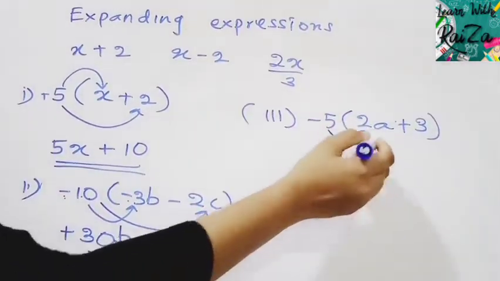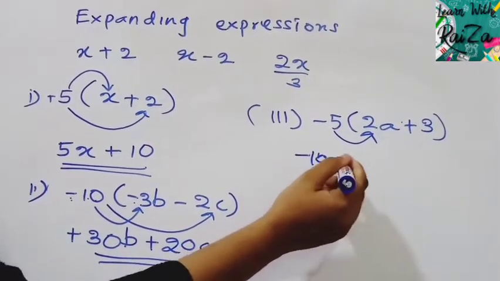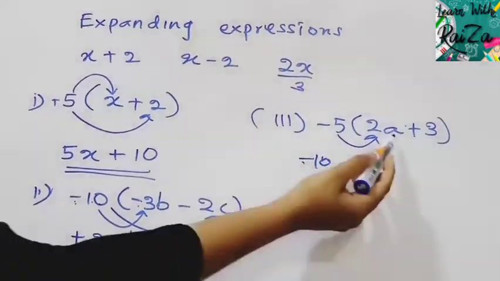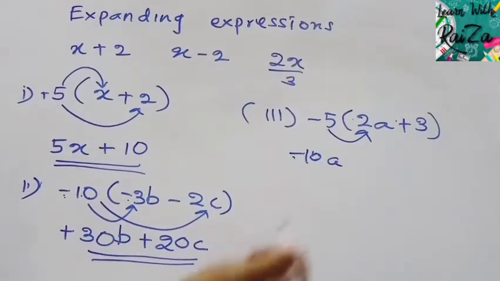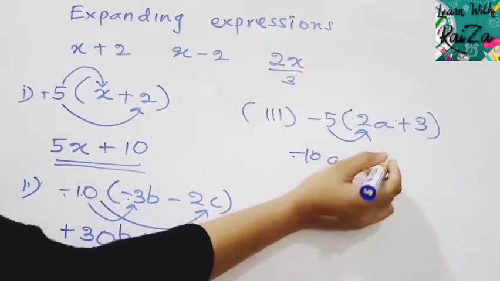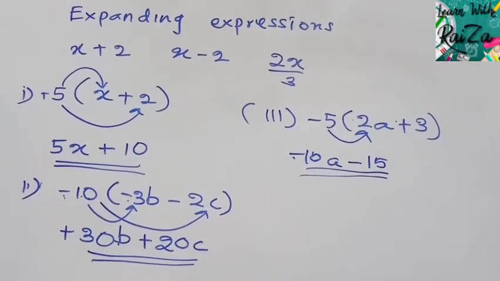So minus 5 times 2a is minus 10a. 5 times 2 is 10, plus into minus is minus, and we write a there. Here, negative into positive, plus into minus is minus. 5 times 3 is 15. So this is the expanding of algebraic expressions.